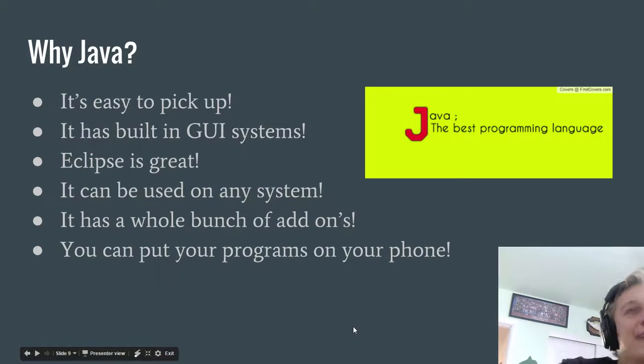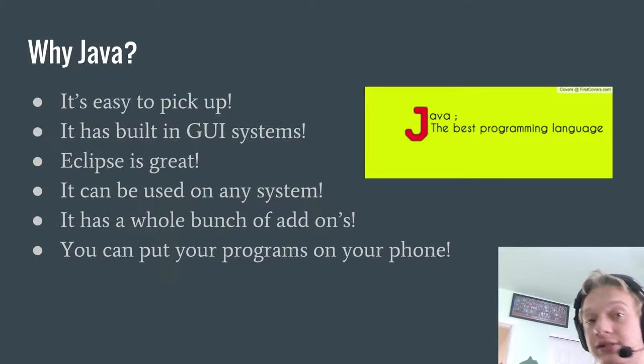Well, Java has a couple things that I think make it a really good language to start with. First, it's easier to pick up than a lot of other languages. For example, as I said earlier, pointers in C are very complicated and easy to mess up and have your program crash. Now, it's harder to do that in Java because of the IDEs that are provided for you and because Java also does pointers for you automatically.